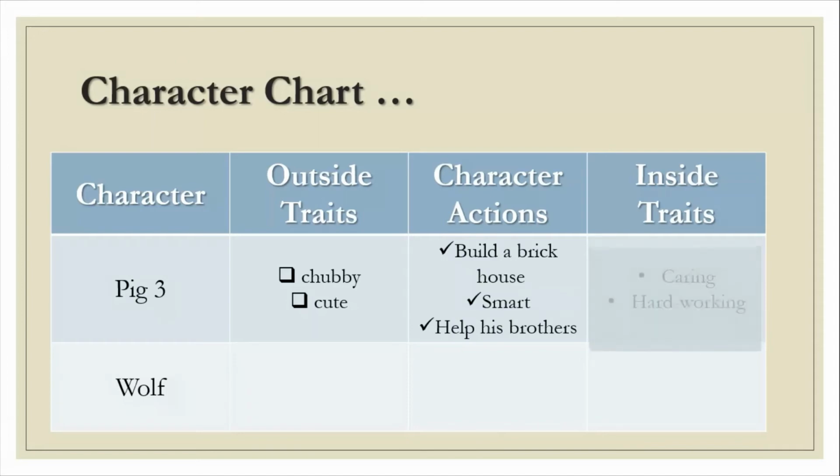So we can say that he is caring because he took his brothers in. And he's also hardworking because he didn't go for the easy way of building a house of straw or sticks. He actually did a lot of work and built a house of brick, right? And that also makes him very smart because he was probably thinking about the wolf, right?